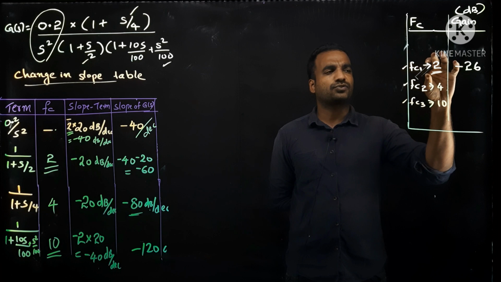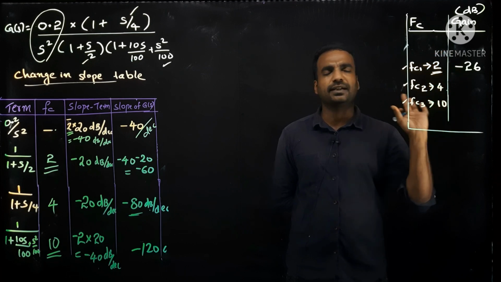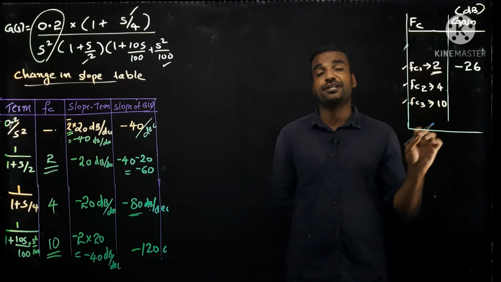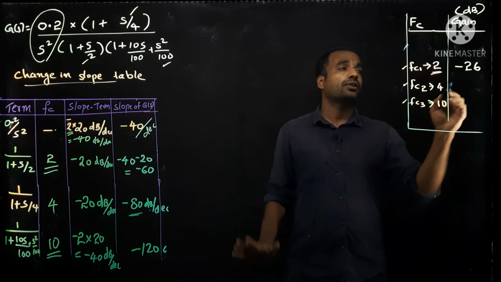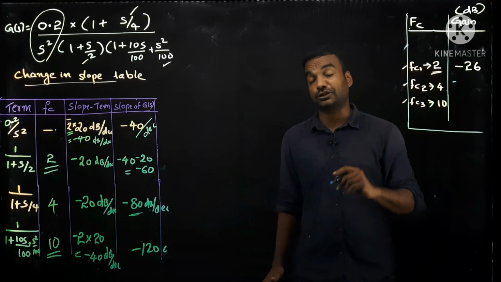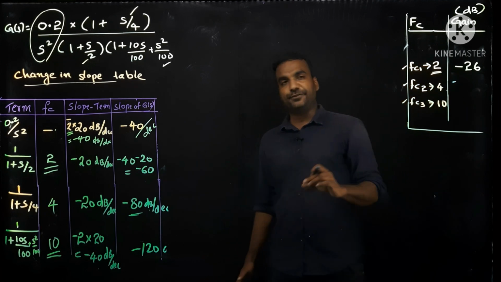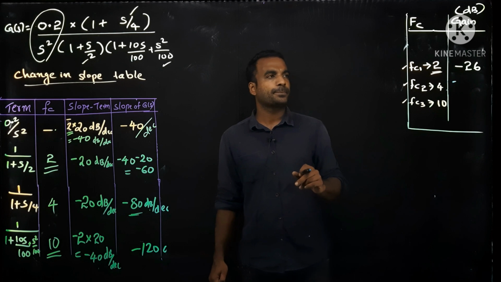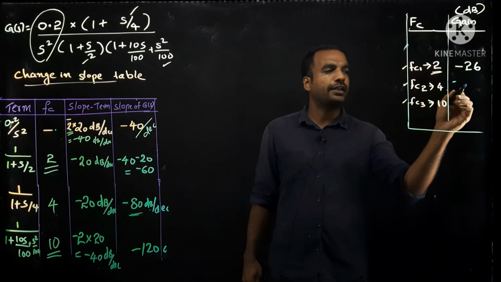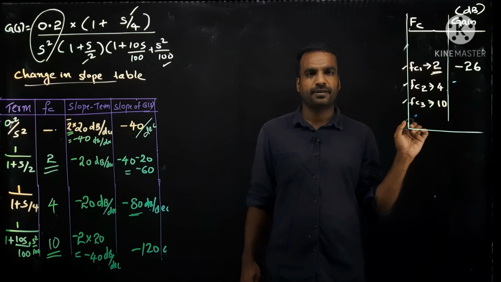In that, the first, second and third corner frequencies are written, and correspondingly I am going to calculate each magnitude. Initially I already calculated the first gain, that is minus 26, which corresponds to FC1. Now I will calculate the gain for FC2 and FC3.